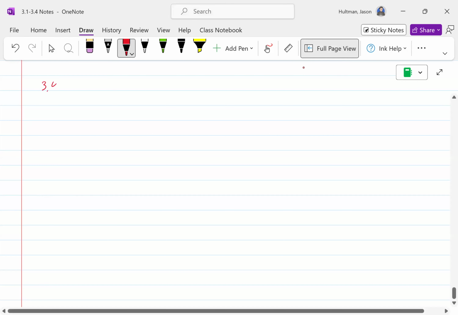Okay, section 3.4 is writing, well, which is something I suffer at. Writing direct proofs. Sometimes these are called paragraph proofs.